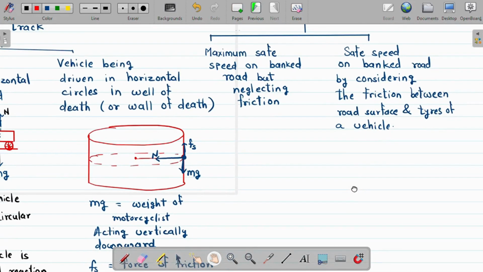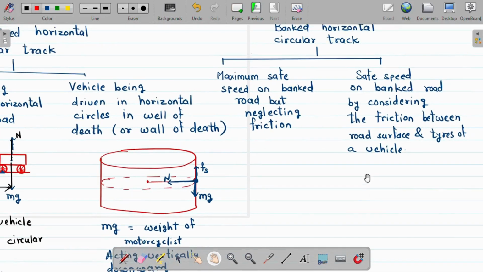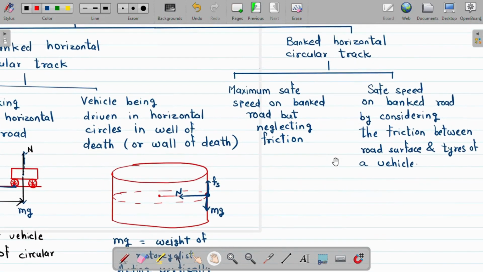What happens if anyone wants to drive his vehicle with a greater speed, not too much, which is more than v equal to under root mu s r g? This is the maximum safety speed for a horizontal track.